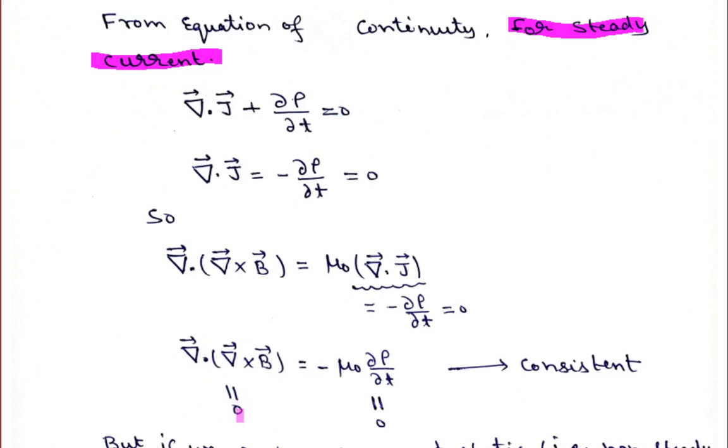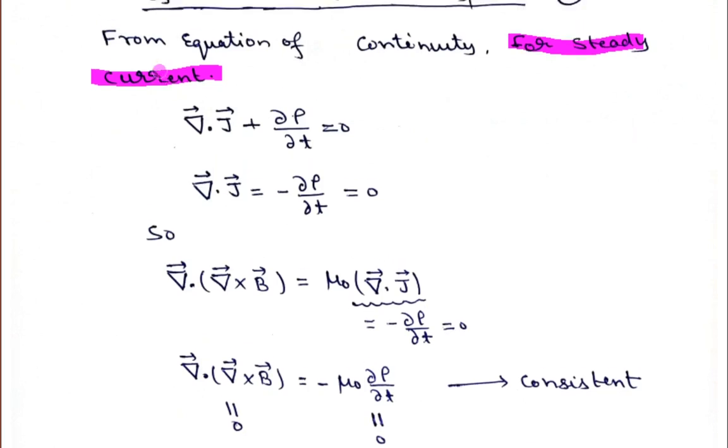So this is 0, and then minus mu 0 del rho upon del t is also equal to 0. That means both sides are consistent, and Ampere's law of magnetism is also consistent for the steady state current.